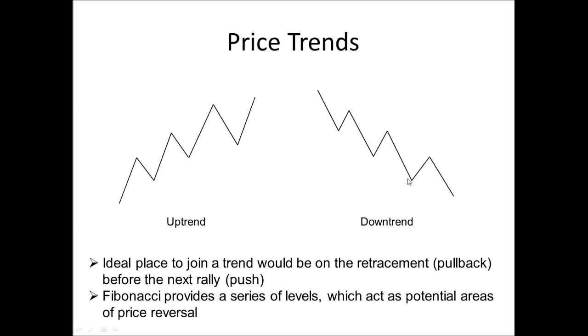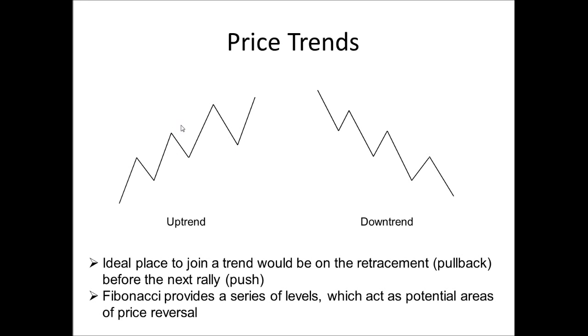And price creates this step in motion, which is a series of pushes and pullbacks, or rallies and retracements. So with a downtrend, we can have a rally to the downside, a retracement, a rally, a retracement, and so forth. With an uptrend, we can have a rally and a retracement, or using different terminology, a push and a pullback, a push and a pullback.